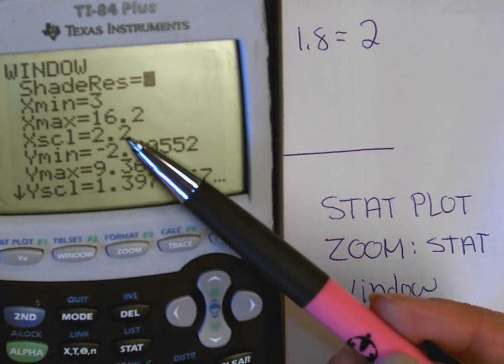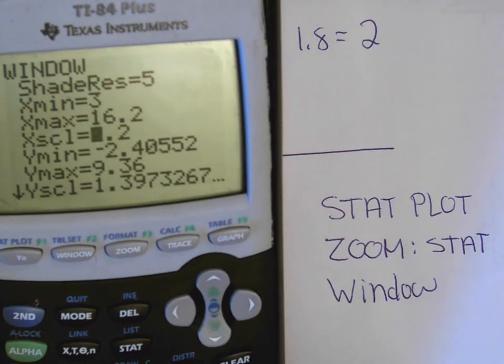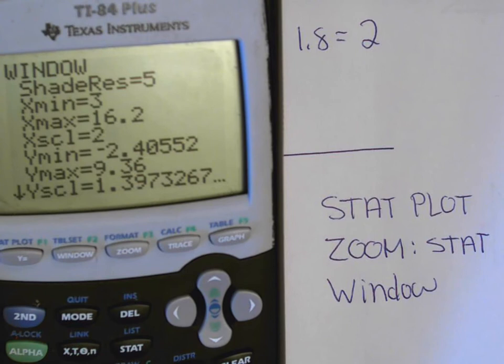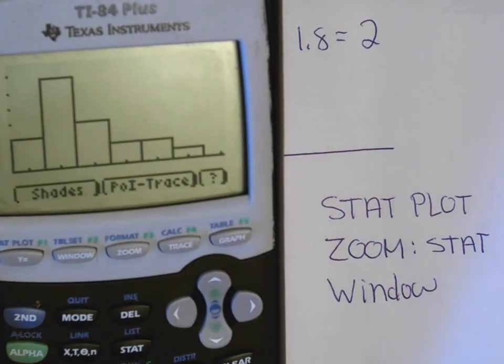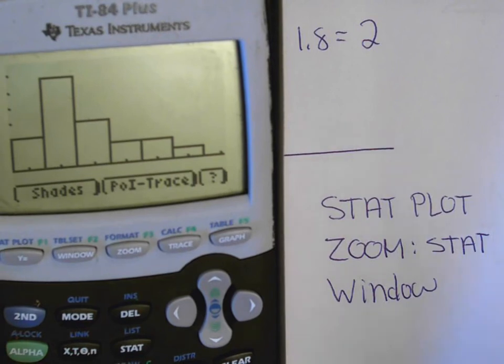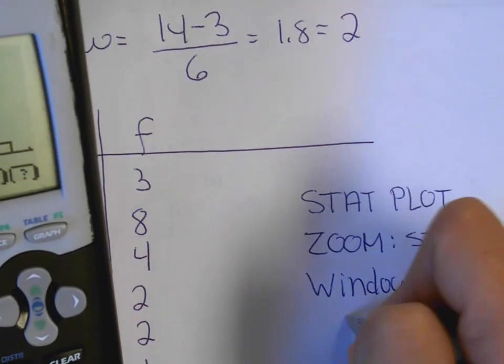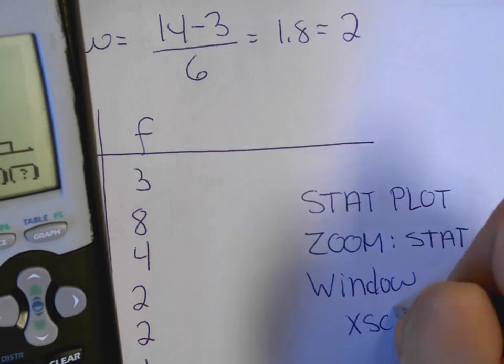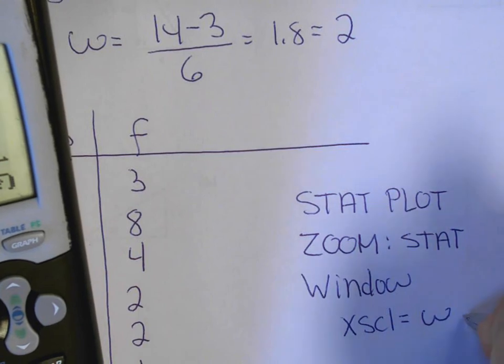You want that to be our class width of 2. Change that to 2. Graph again, and that's exactly the graph you would have had if you had just done it by hand. So in Window, the move was change X scale, set that to your W value, your class width.